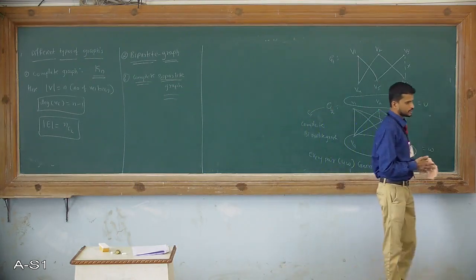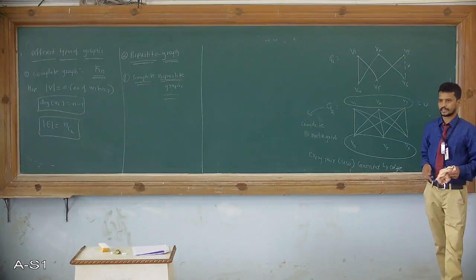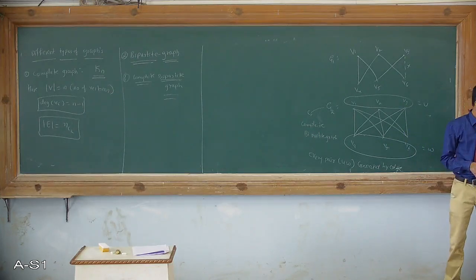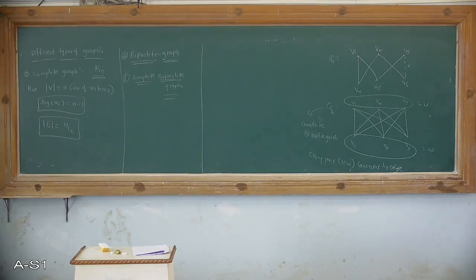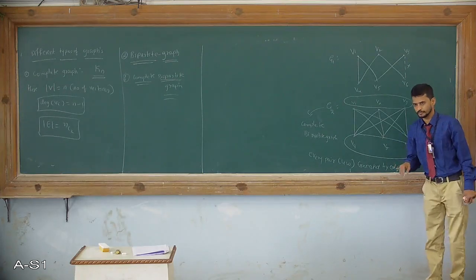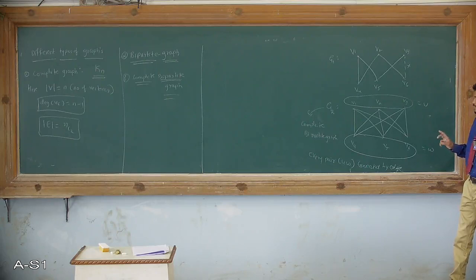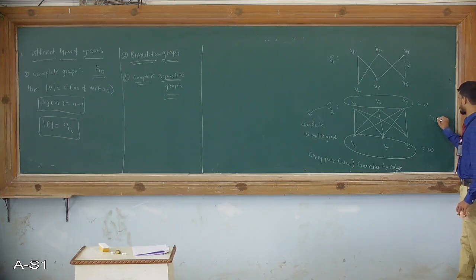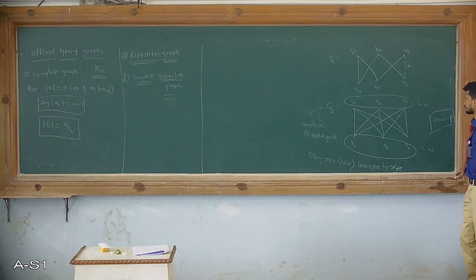A graph is said to be a complete bipartite graph if the vertex set V is partitioned into two subsets, U and W, and one more condition is important: U intersection W is the null set. This is very important.